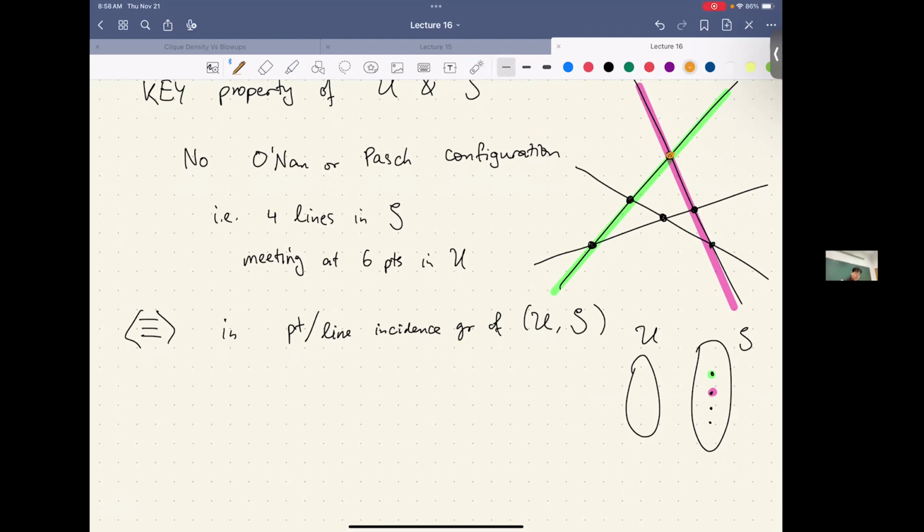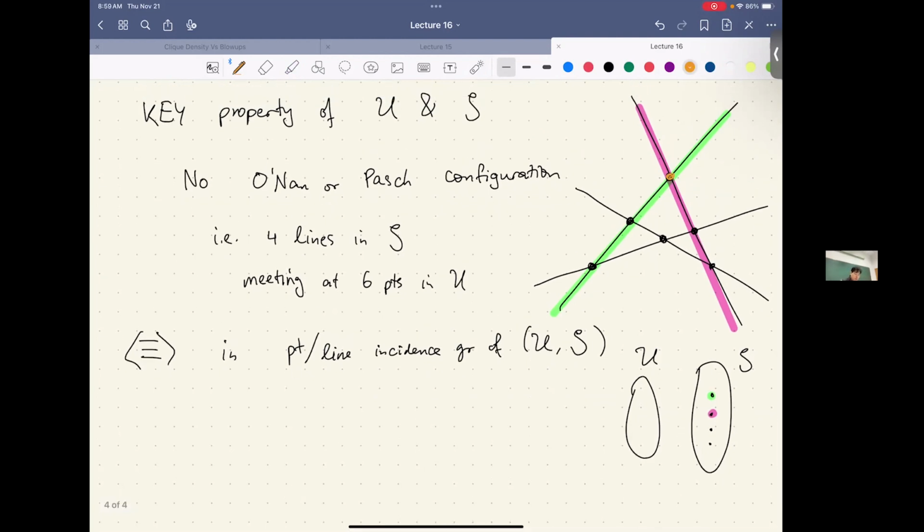So in the incidence graph, that means these 2 red and green points on the right have a common neighbor, which is a yellow neighbor in U, right? And if you have such a configuration, this is true for every pair of these points.